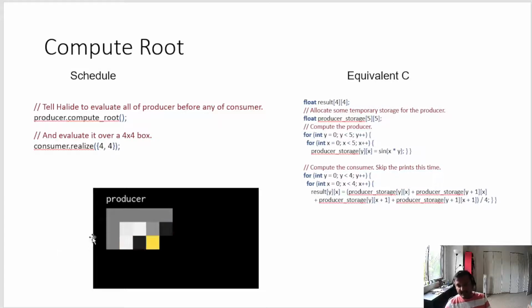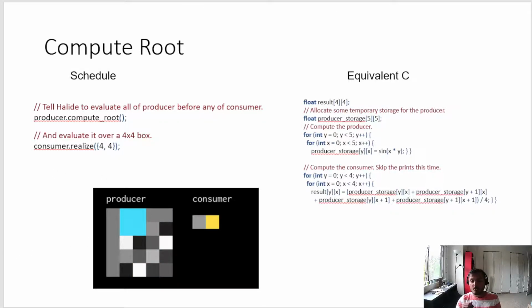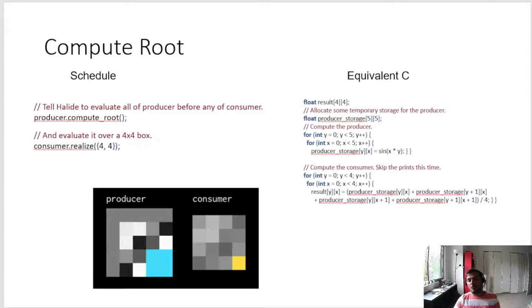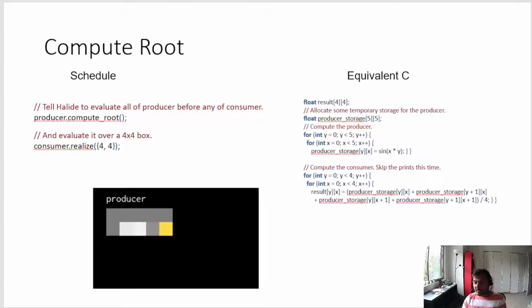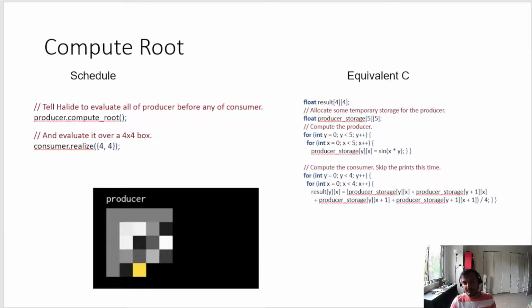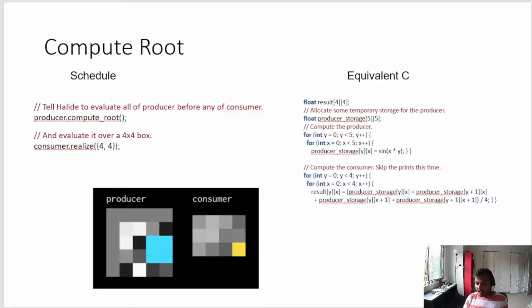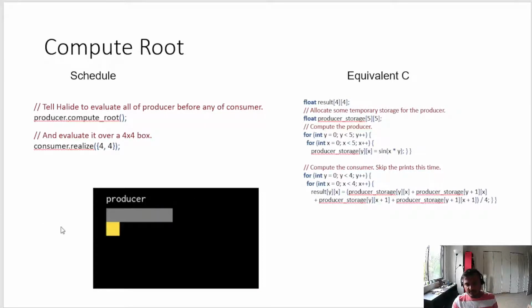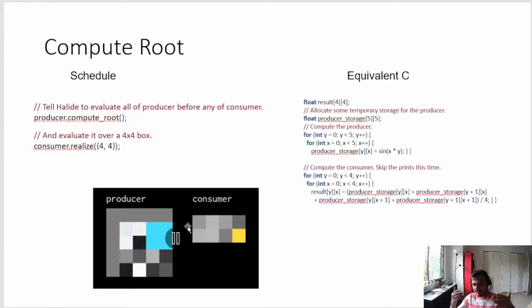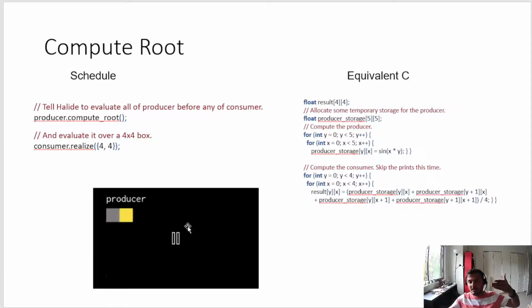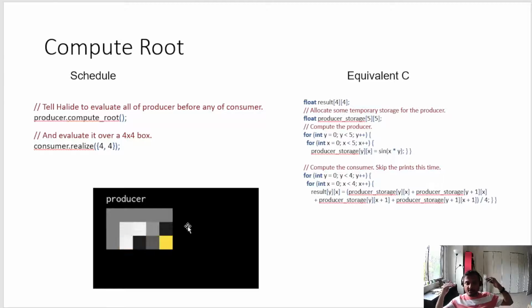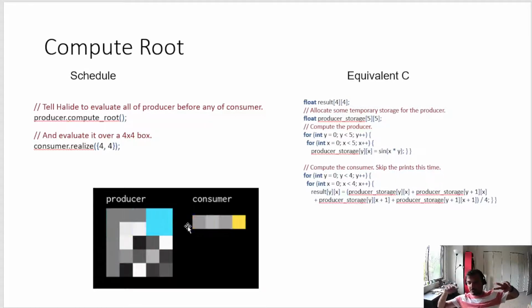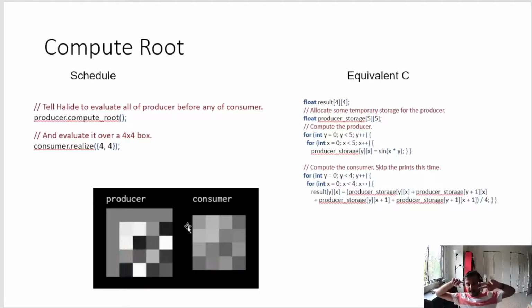As you can see in the GIF, we have to wait for a long time for the consumer to begin its computation, because first the producer computes everything. However, once the producer has read the first two lines, the consumer can start processing, because the first line of the consumer only depends on the first two lines of the producer, because we're taking the average over four, remember.